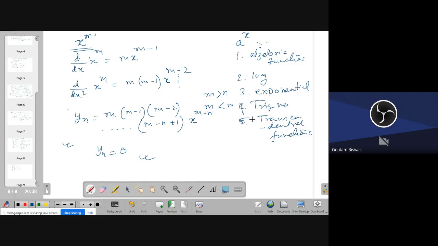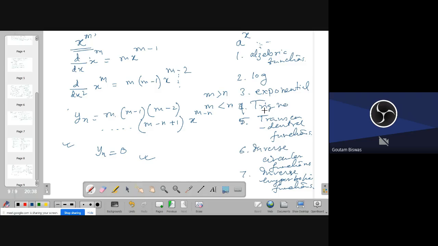And one I forgot, inverse circular functions, and inverse hyperbolic functions.